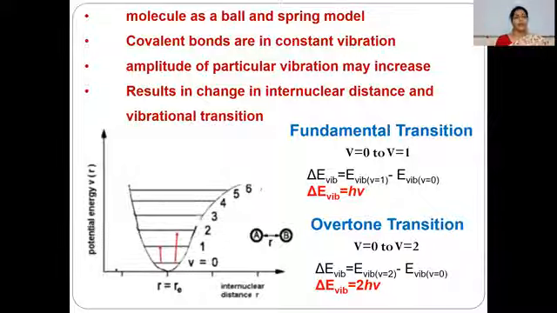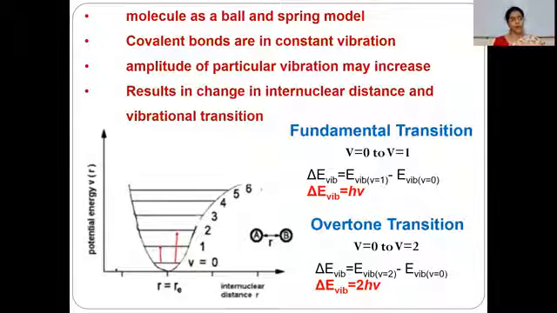Energy required for the fundamental transition will be equal to the energy of the final level minus energy of the initial level. That means energy of first vibrational level minus energy of zero vibrational level. So the total energy required for fundamental transition is h nu.